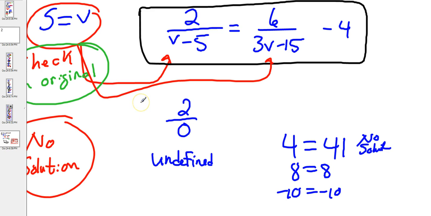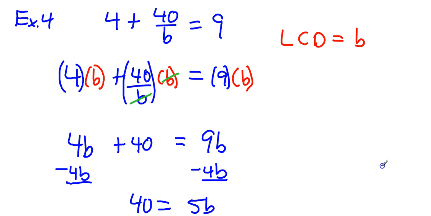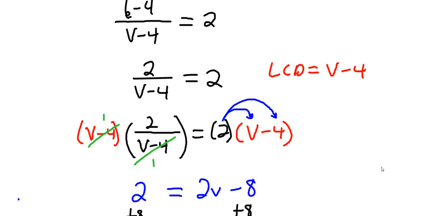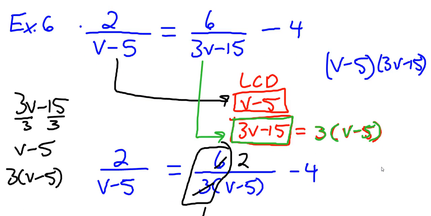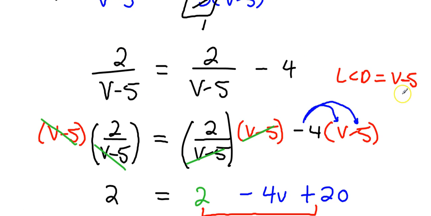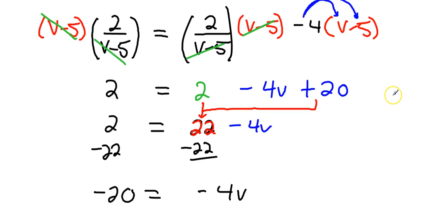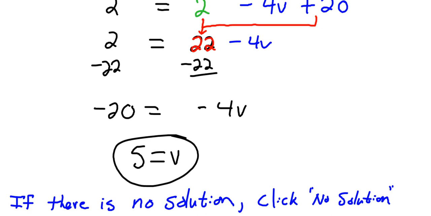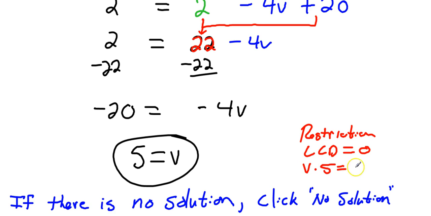because back here, I'll go back one more. We could do the same thing without actually having to check it. When we got to this one, we used v minus 5 for our common denominator. When we get this answer, we could have put right here that the restrictions are the least common denominator equal to 0, and the least common denominator was v minus 5.